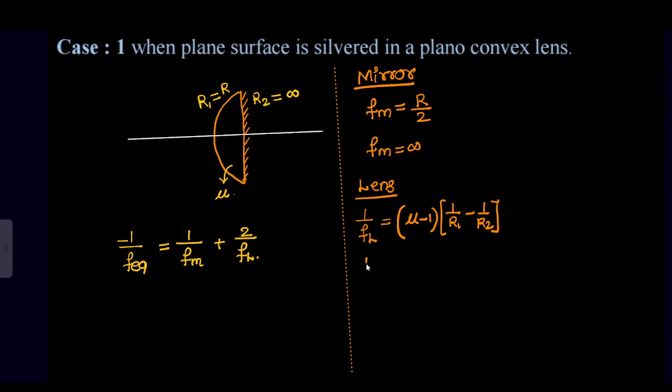Now in this case, 1 by FL will come to be (mu minus 1) into what? 1 by R1. So how much is this R1? Plus R, minus R?